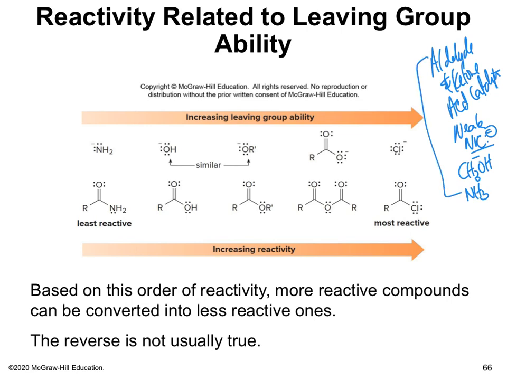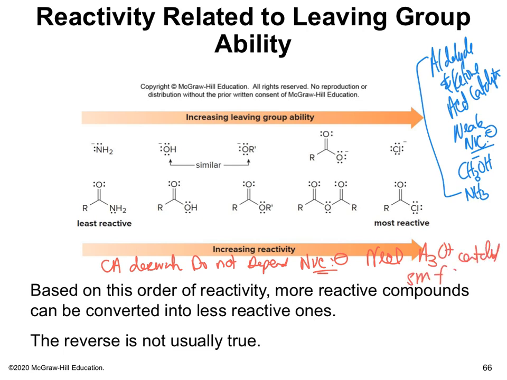That's when you needed the acid catalyst. If you had a strong nucleophile, you didn't need an acid catalyst. Well, carboxylic acid derivatives do not depend on the nucleophile. You need acid catalyst depending on the starting material functional group.